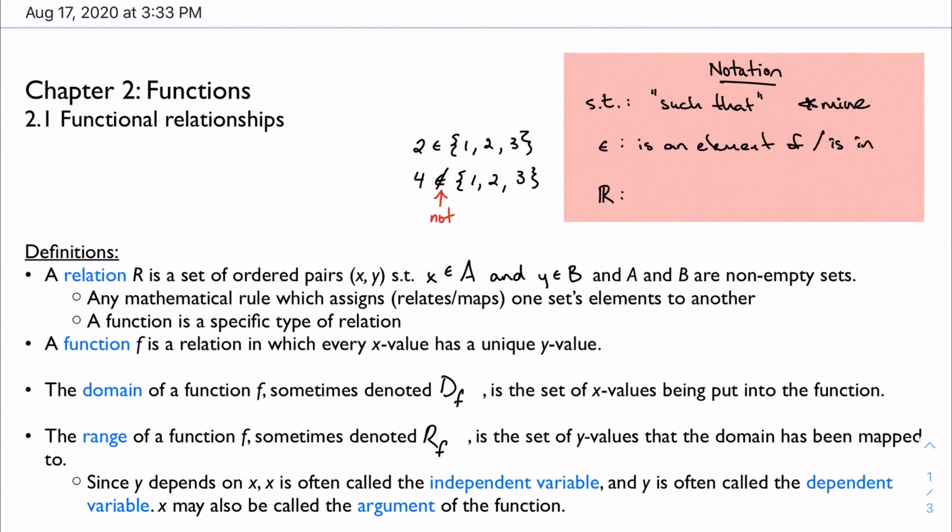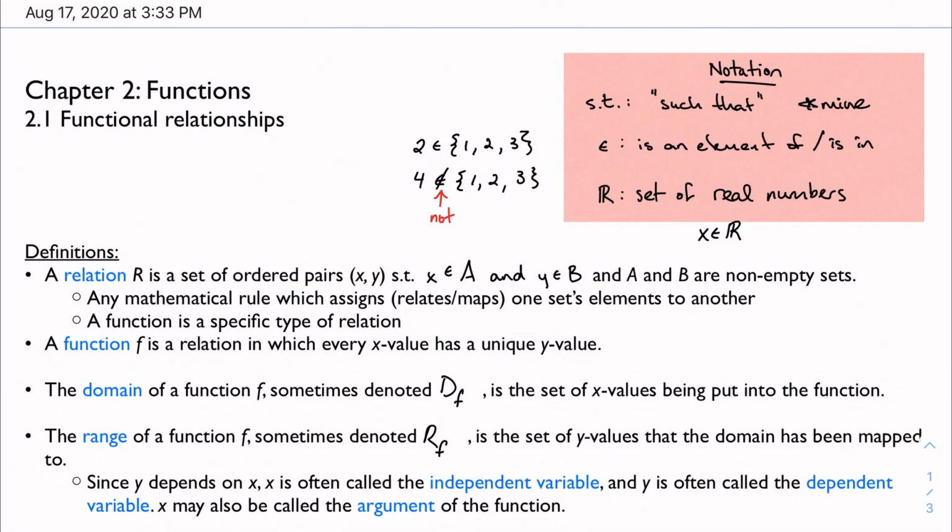And then my fancy looking R you've probably seen before. This is just the set of all real numbers. And we've seen this a lot. I can say that something is an element of the real numbers, or the domain of a function is the set of all real numbers. But just to start getting you thinking about the notations that you're going to see throughout this chapter, throughout this year, we're going to start right there.